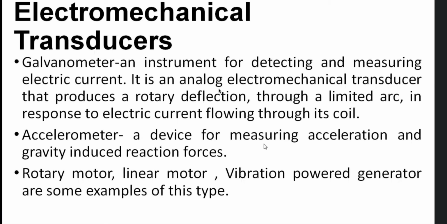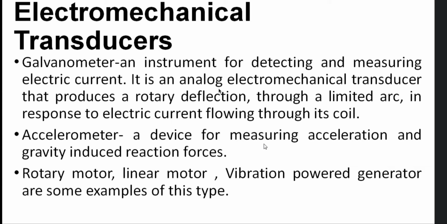The first one is the galvanometer. The galvanometer is an instrument for detecting and measuring electric current. It is an analog electromechanical transducer that produces a rotary deflection through a limited arc in response to electric current flowing through its coil.